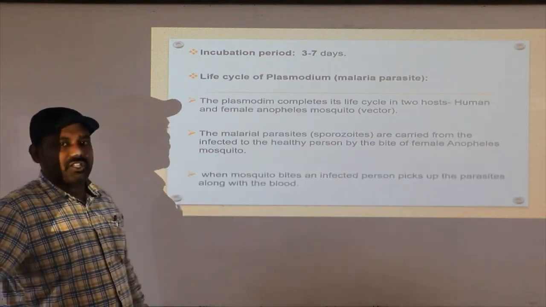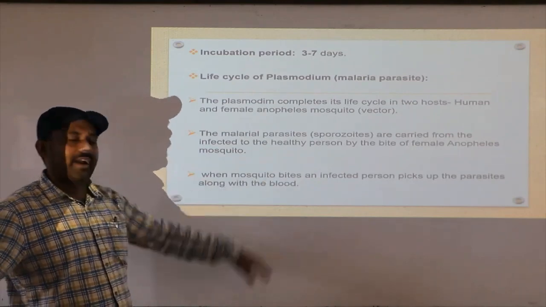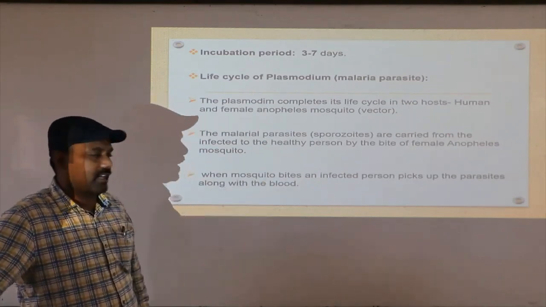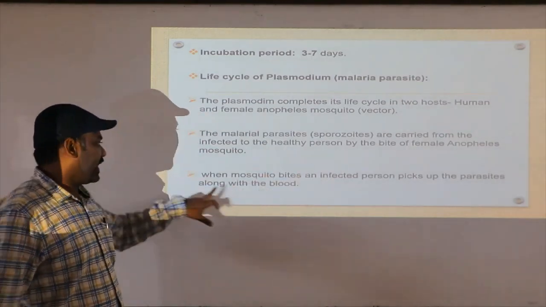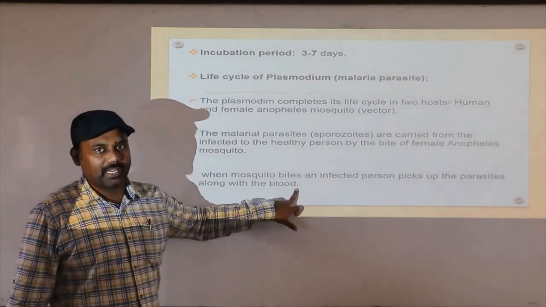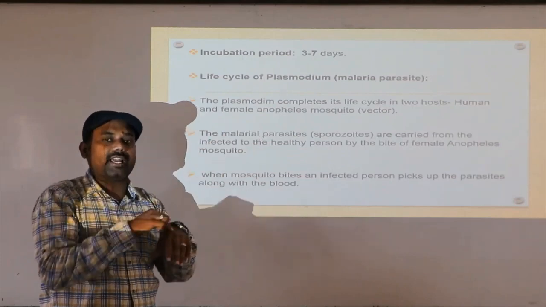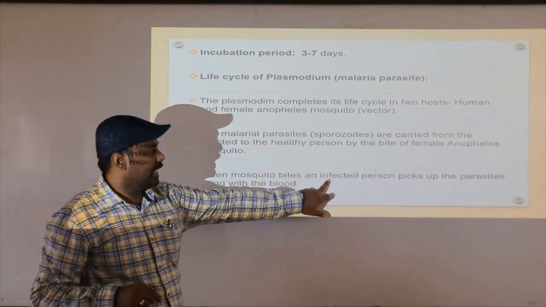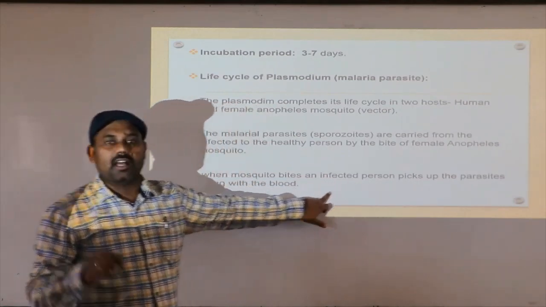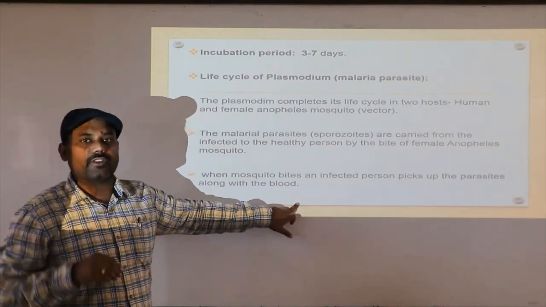Next, when a mosquito bites an infected person, it picks up the parasites along with the blood meal. Do remember, here the word infected person means the person who is already suffering from malaria.